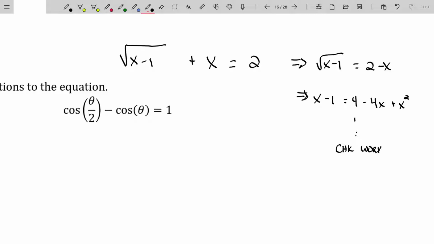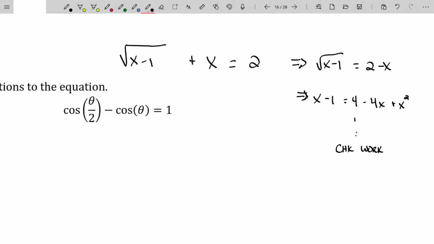If you didn't have me for an algebra instructor, then maybe your algebra instructor didn't say it, but they should have: whenever you square both sides of an equation, you always need to go back and check your work in the end, because squaring both sides of an equation can double the number of solutions that you have. It can introduce what we call extraneous solutions.